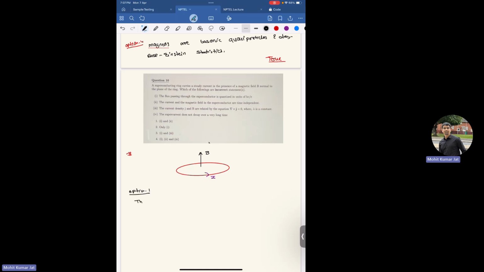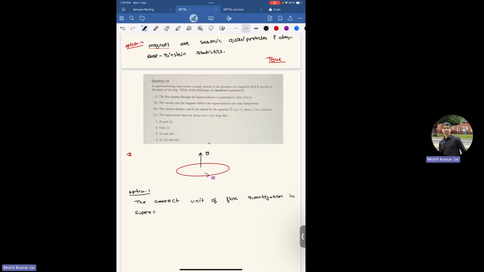So the correct unit of flux quantization in a superconductor is hc by 2e.